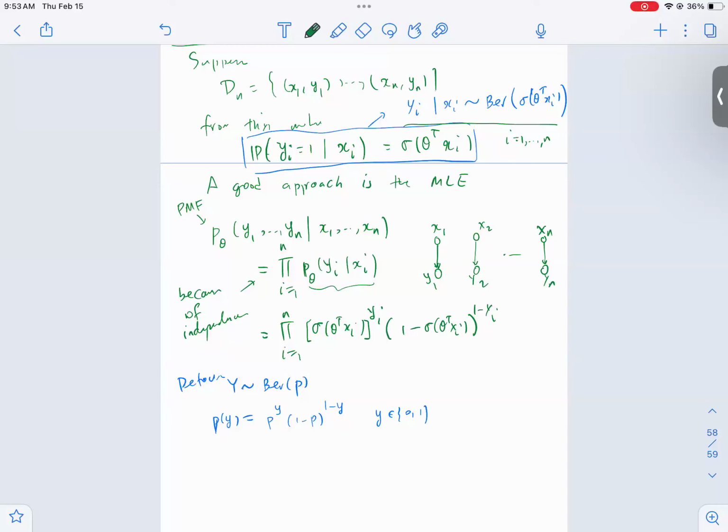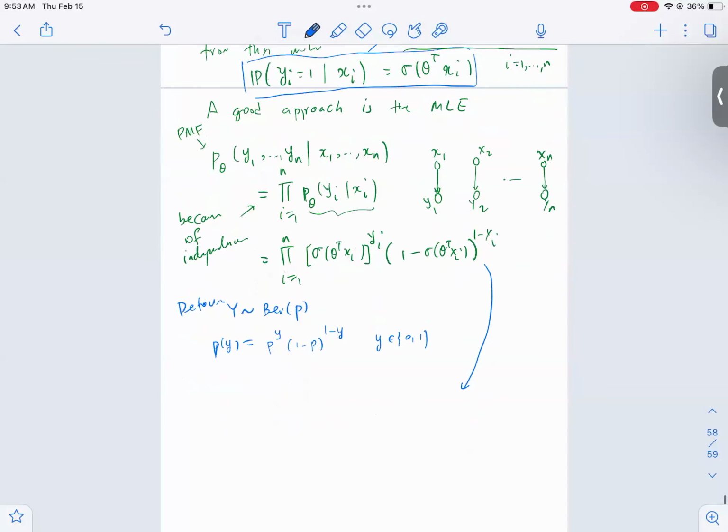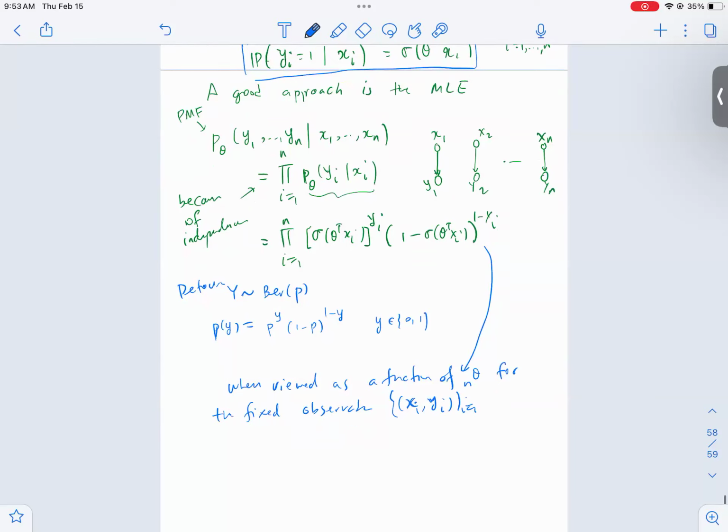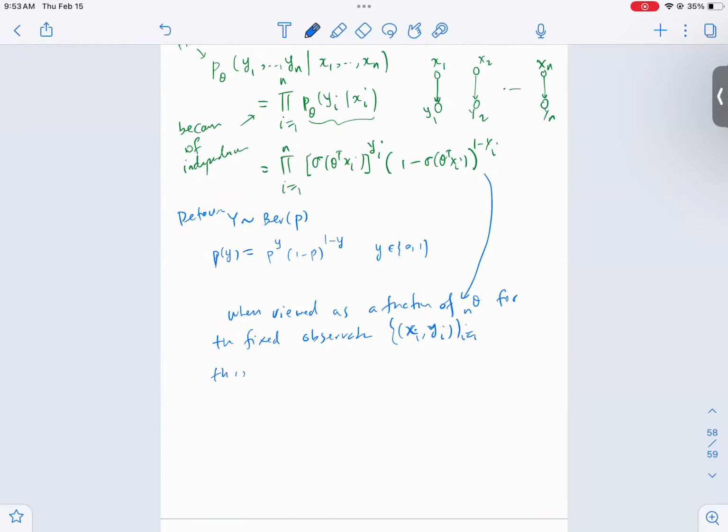So when viewed as a function of theta for the fixed observations xi, yi, i from 1 to n, this is the likelihood.